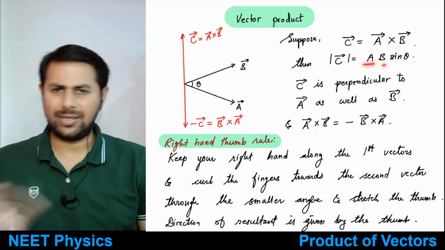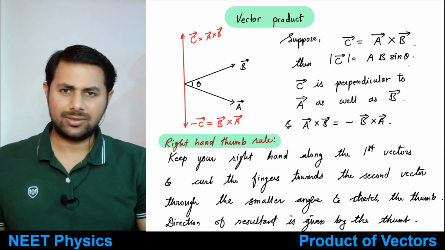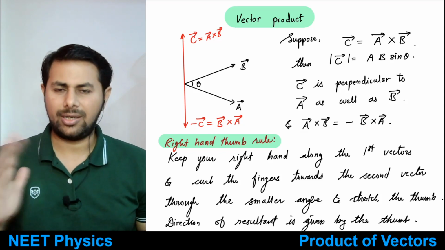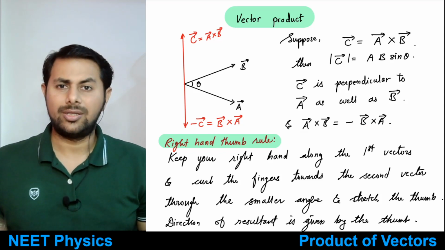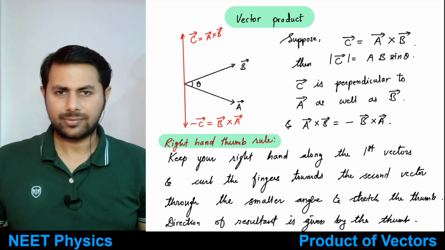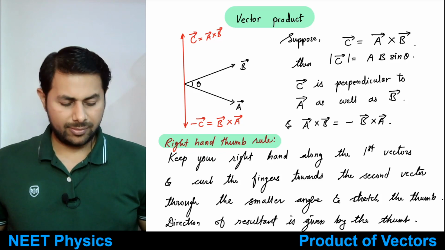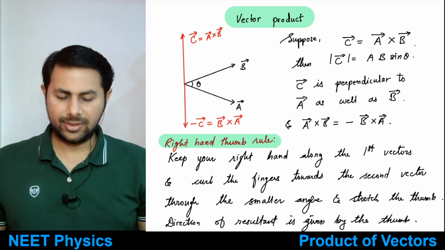Magnitude is AB sine theta or BA sine theta, that is the same, but the direction is opposite. So A bar cross B bar and B bar cross A bar are opposite to each other. They are not the same. Okay, this thing is clear. Good.